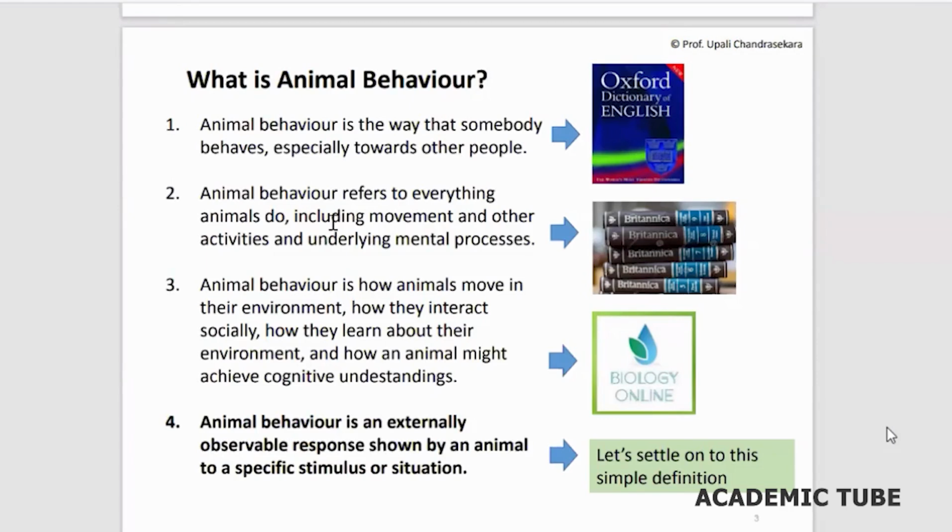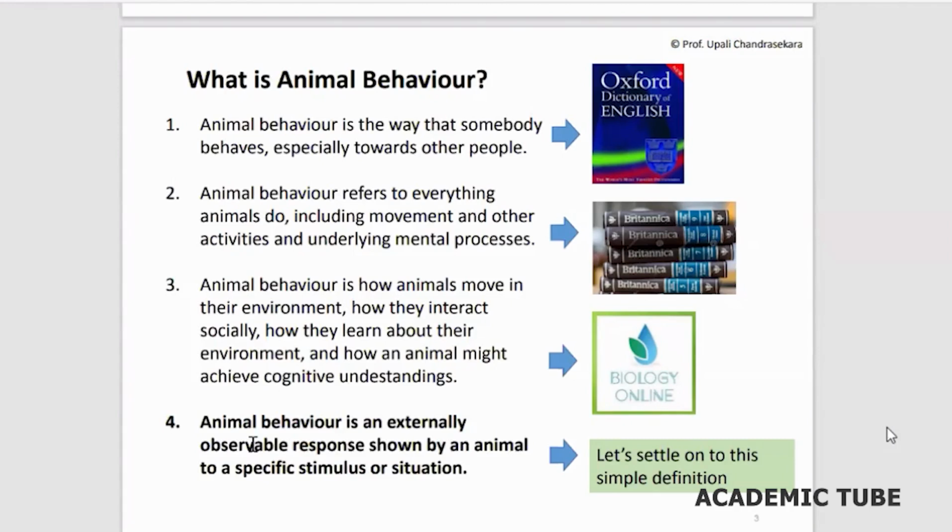Then Biology Online, a very famous internet learning platform. According to Biology Online, animal behavior is how animals move in their environment, how they interact socially, social behavior, how they learn about the environment, and how an animal might achieve cognitive understandings. Cognitive understandings, right?